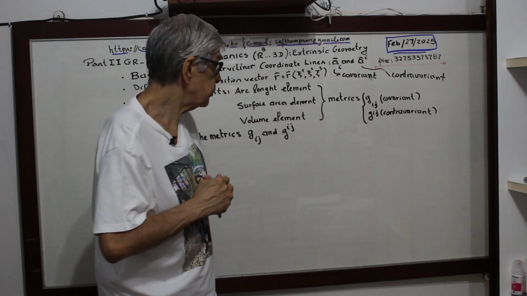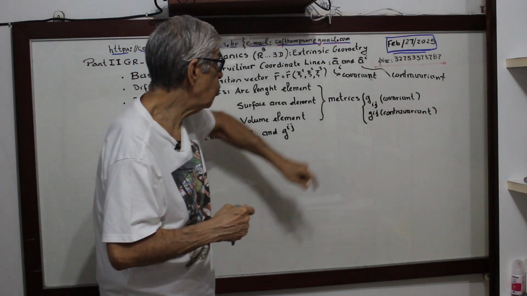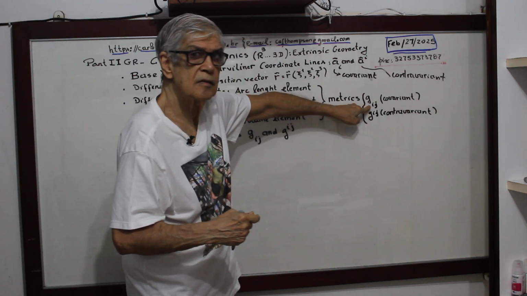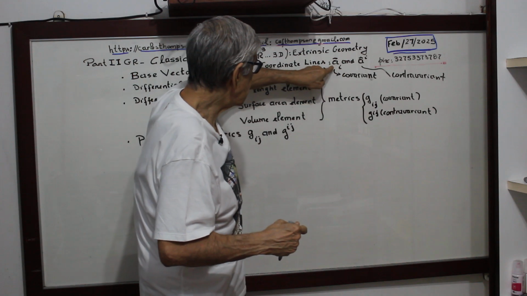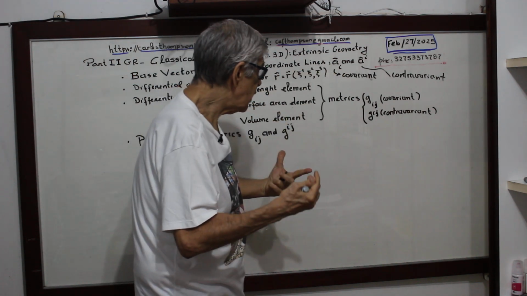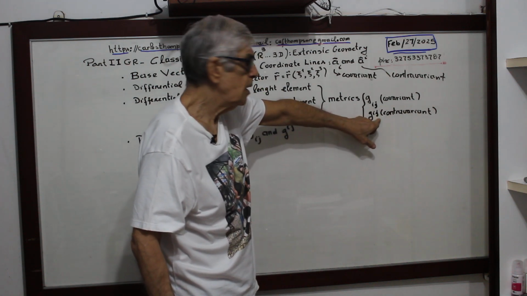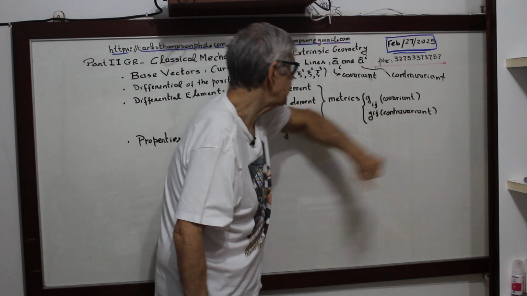You see, when you see lower indices, it is covariant. On the other hand, for upper indices, it is contravariant.